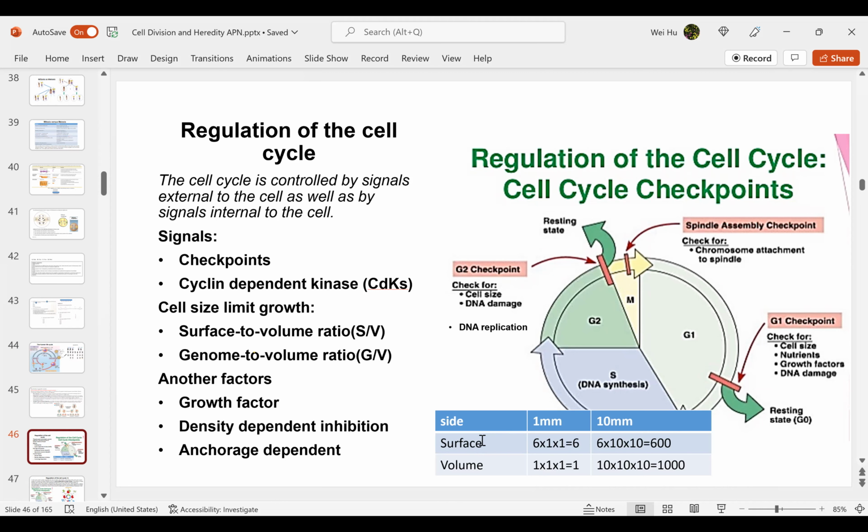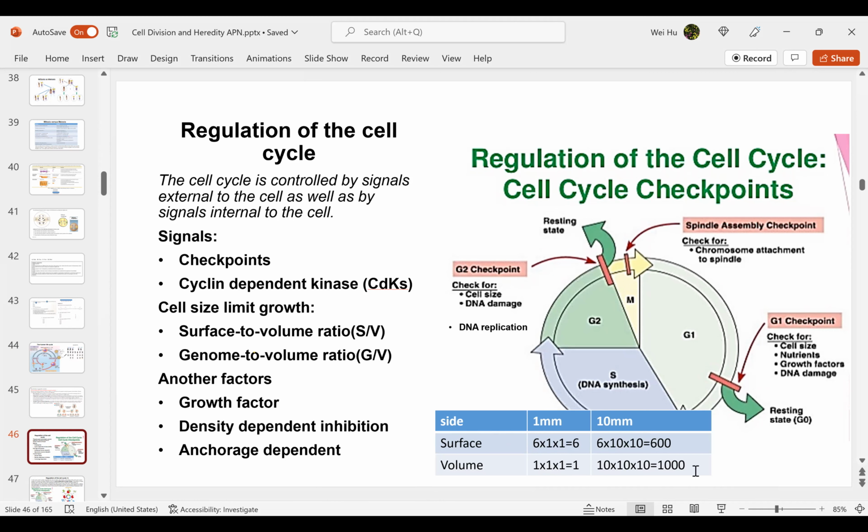So here are some simple examples about surface area. Let's assume a cube. The size is 1 millimeter, so the surface area is 6 and the volume is 1. If you have a side of 10 millimeters, then your surface area is 600 and your volume is 1000.